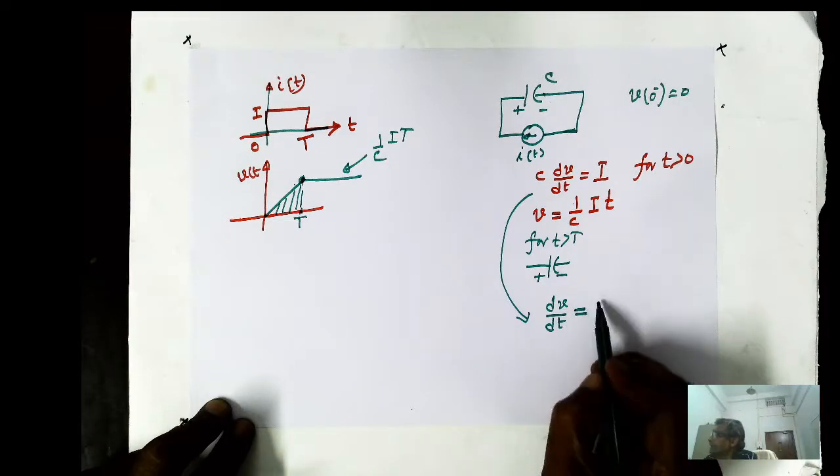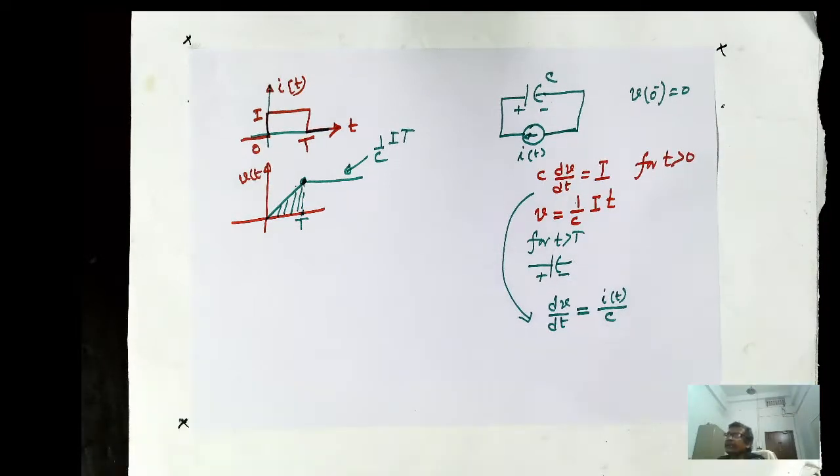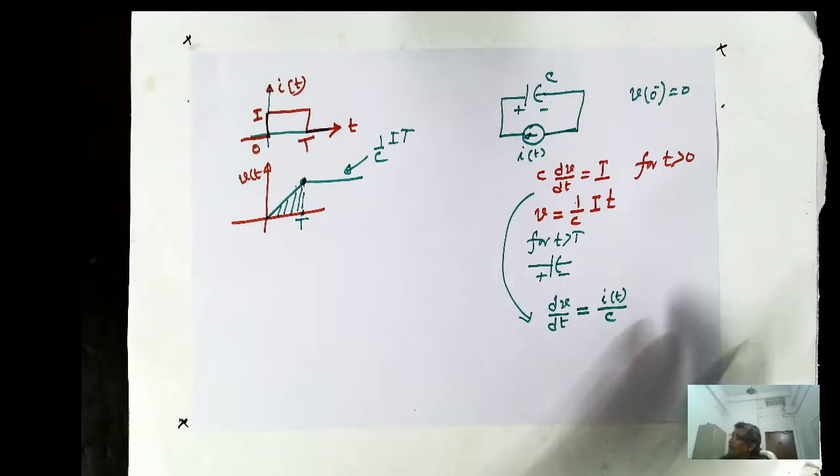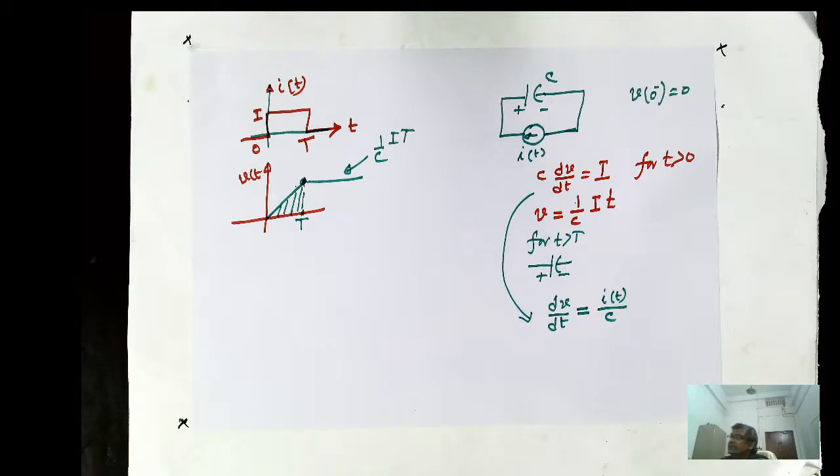So i(t) by C is dV/dt, is it not? At any time, the rate at which the voltage will be increasing can also be expressed in this term, and we note that i(t) could be any function of time, but if i(t) is positive, dV/dt is positive. If i(t) is negative, dV/dt will be negative. Then the voltage will start falling, in the same way as in the case of an inductor. Of course, there the roles of V and I were interchanged.